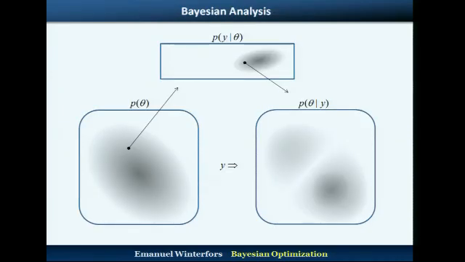So what can Bayesian analysis offer? Well, the traditional Bayesian view is to have some sort of prior function of a space of parameters you wish to determine.